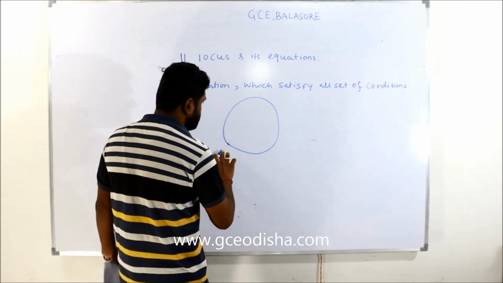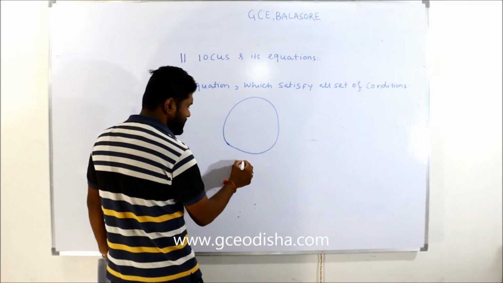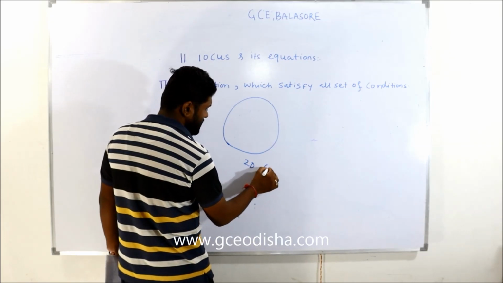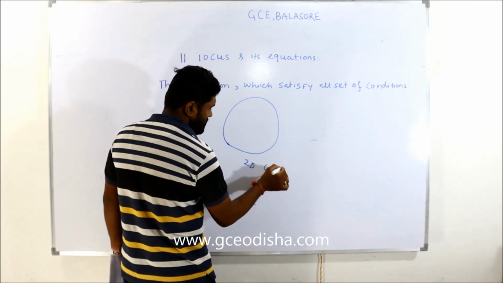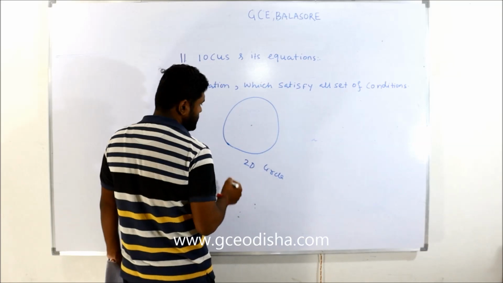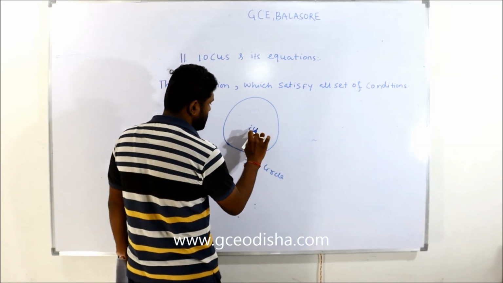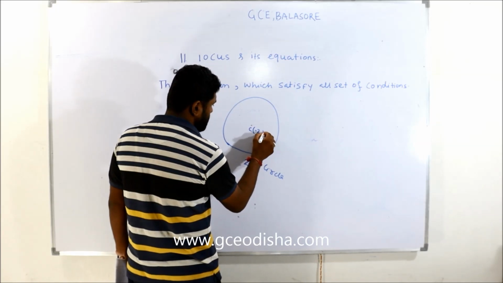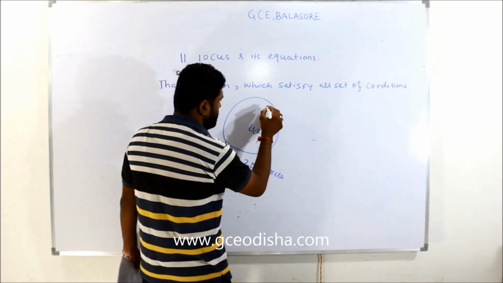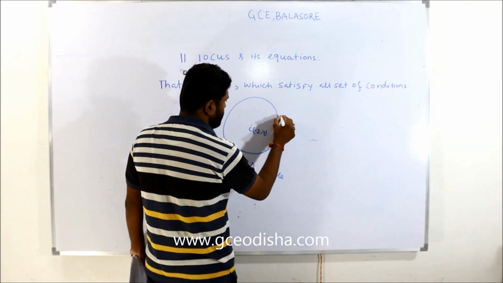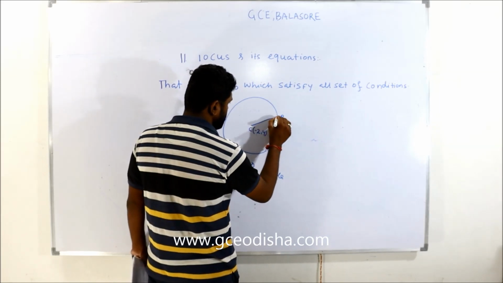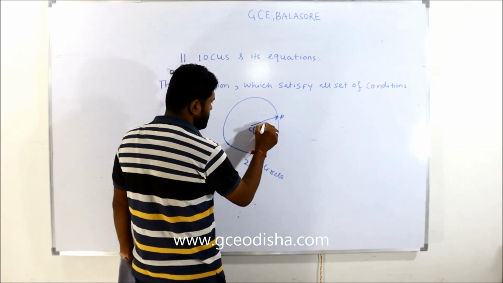Not a sphere, we are considering a 2D section. This is a circle. The point C is the center, with center (2, 4). There is a point P, and they have given that the radius is 5.